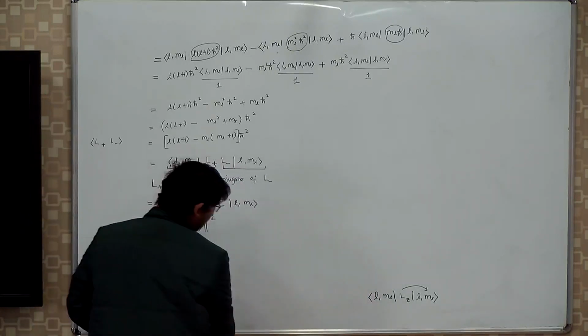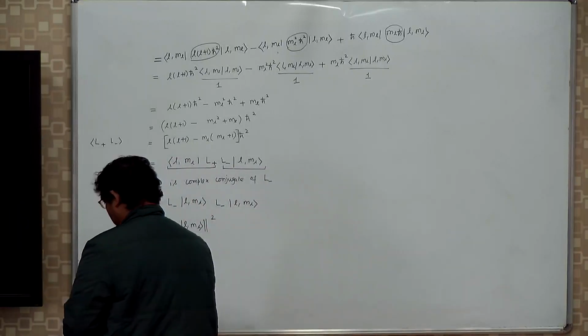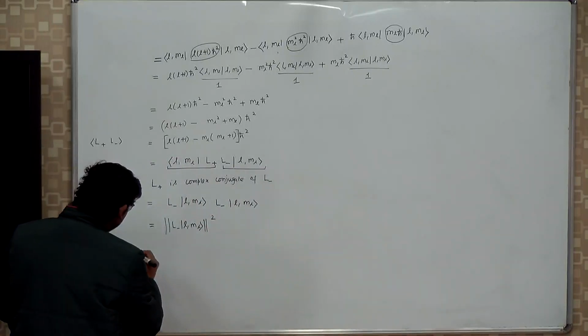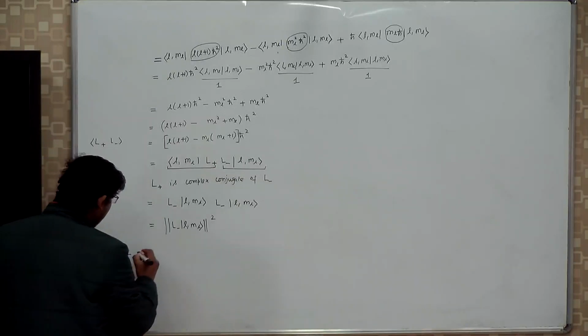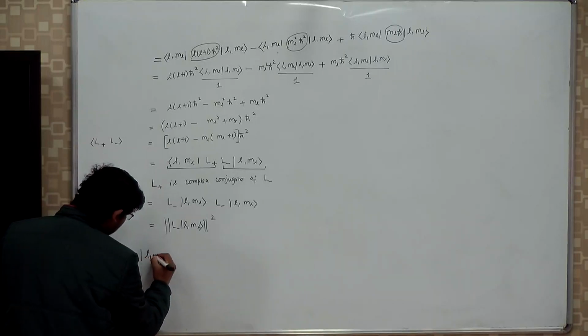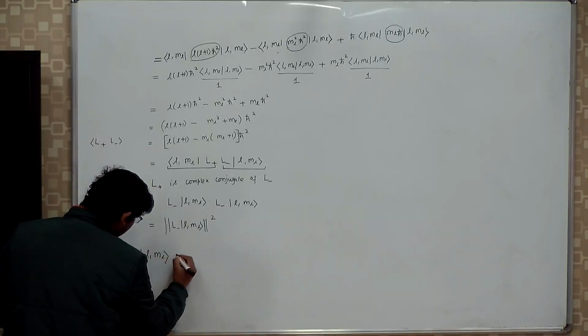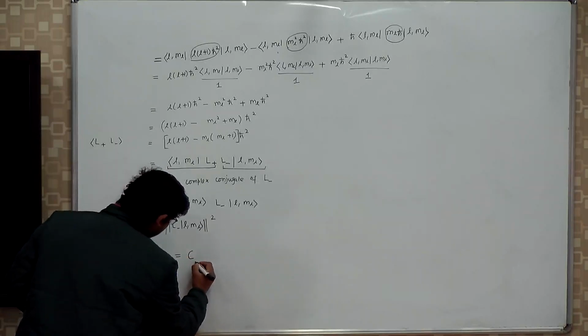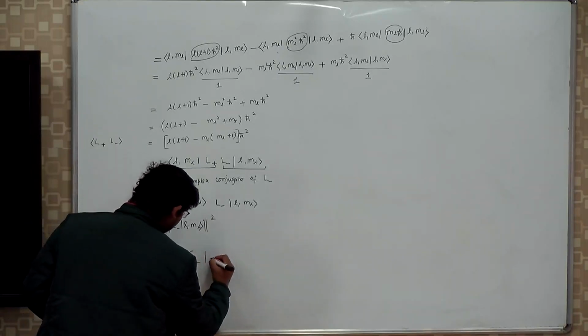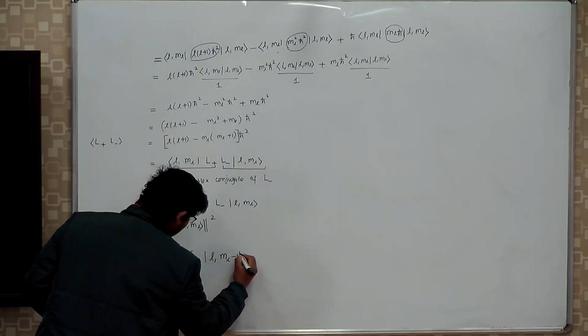As we discussed earlier, the lowering operator L minus acts on a state vector L comma m L and gives the probability constant C minus with the state vector L comma m L minus 1.